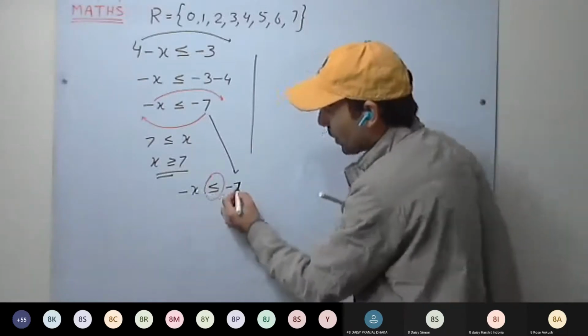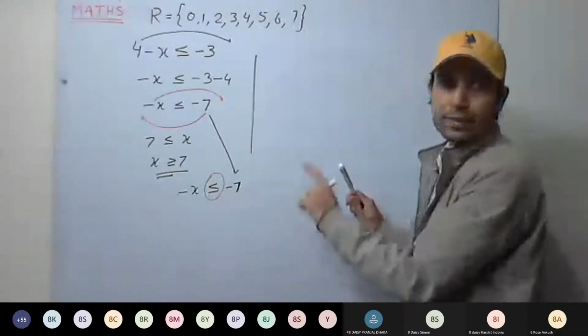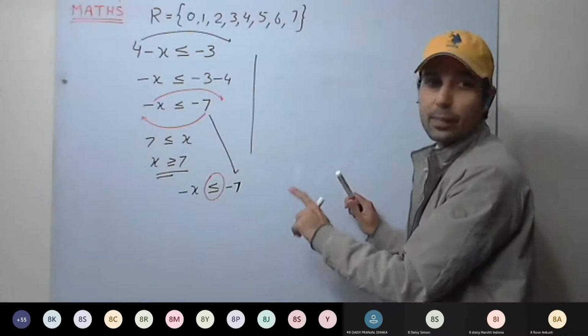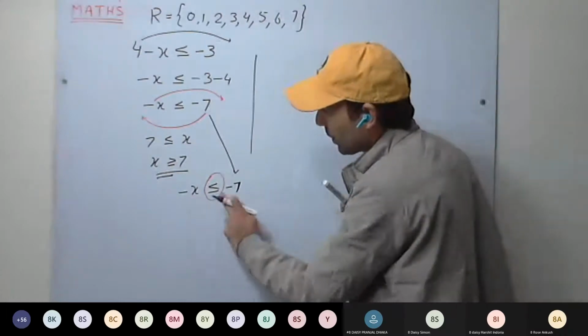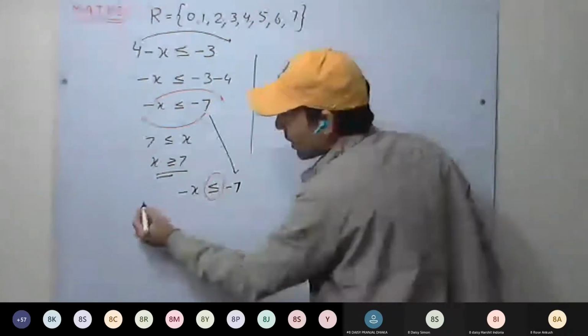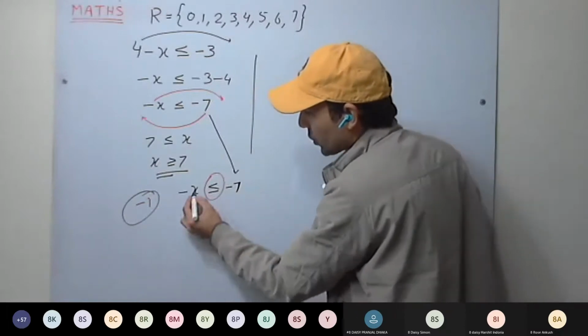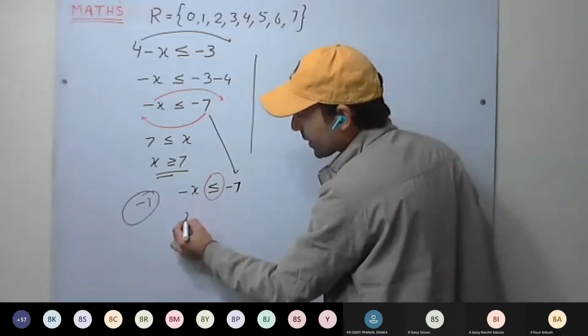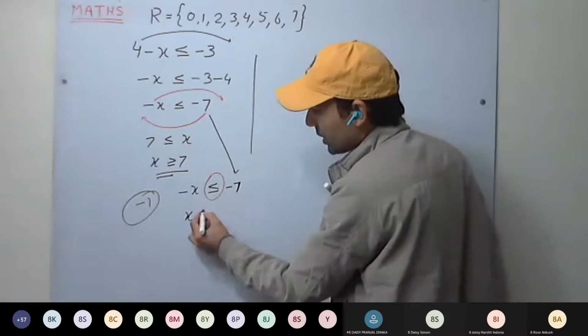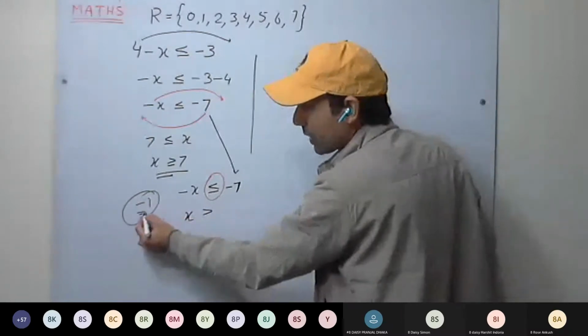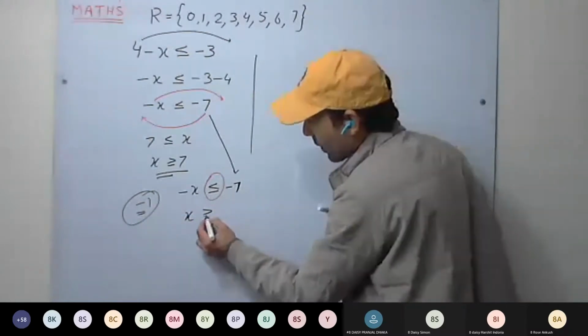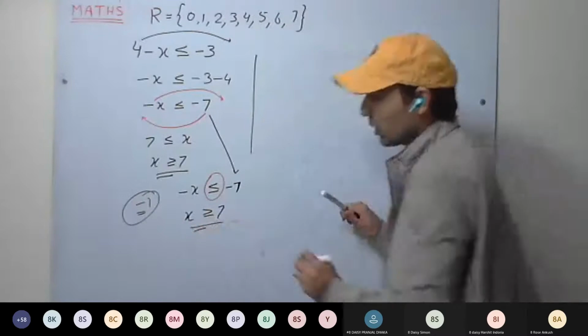So now we have to multiply both sides by minus 1, or we can divide by minus 1. So we are multiplying both sides by minus 1: minus 1 into minus x, the sign will change because we are multiplying by a negative number, x greater than or equal to 7. Understood?